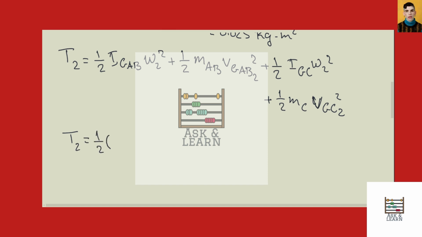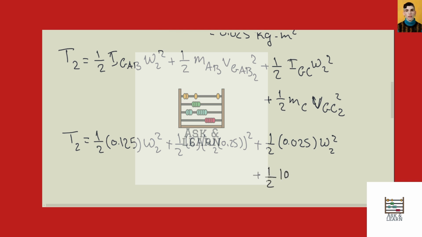half times 0.125 omega 2 square plus half times 6 times omega 2 multiply 0.25 whole square plus half multiply 0.025 multiply omega 2 square plus half multiply 10 multiply omega 2 times 0.55 whole square.